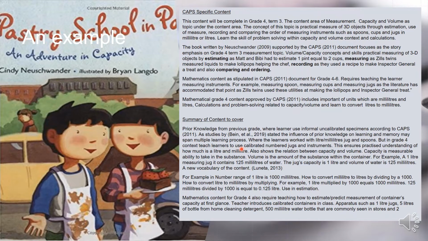The learners worked with liter and milliliter jars and spoons, but grade 4 content teaches learners to use calibrated numbered jars and instruments. So the difference from the previous grade: grade 3 is uncalibrated, grade 4 is calibrated numbered jars and instruments.